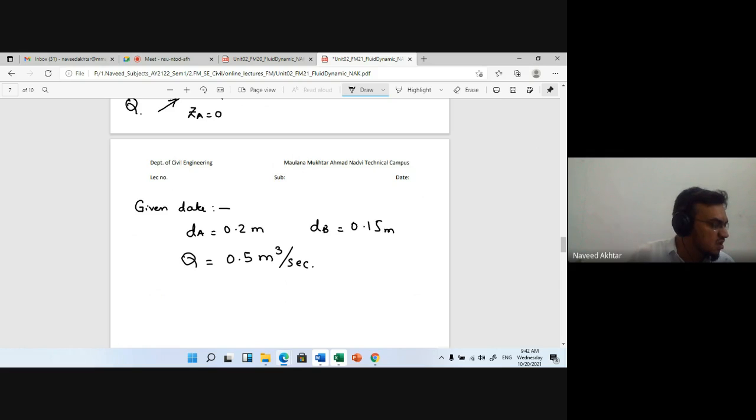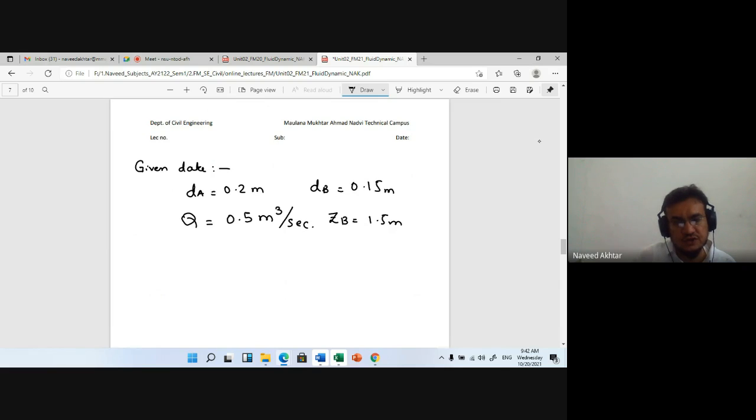And ZB is also given. ZB is given as 1.5 meter. And ZA will be 0, because A lies on the datum line.